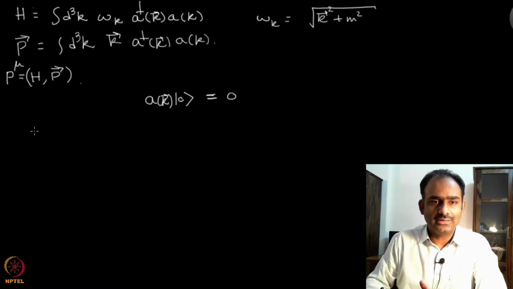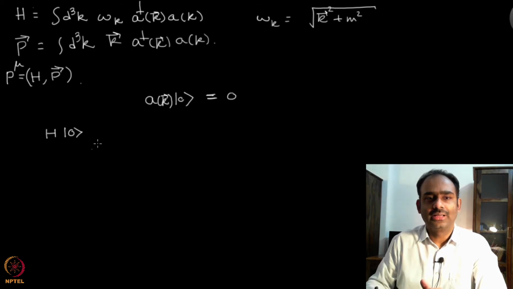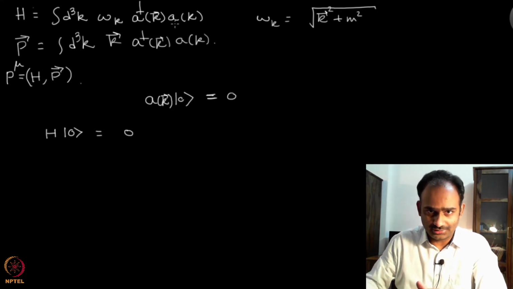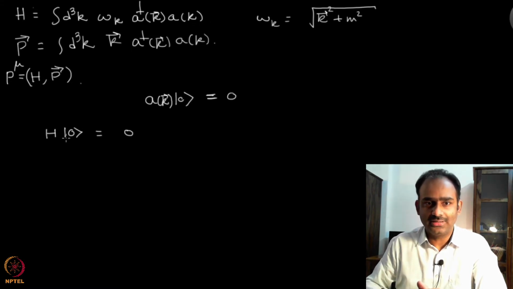Now, if you take this state ket 0 and act on it with the Hamiltonian, okay, you get that it is an eigenstate of the Hamiltonian, and it gives you a 0 here, because you see the A here, when it acts on the ket 0, will kill that ket 0. Okay.